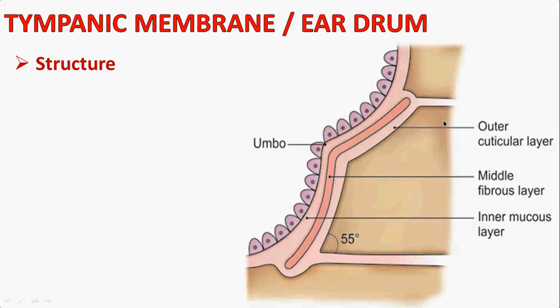The tympanic membrane comprises all three embryonic layers: the outer layer or cuticular layer is ectodermal in origin, the inner mucous layer is endodermal in origin, and the middle fibrous layer is mesodermal in origin. That is about the tympanic membrane.